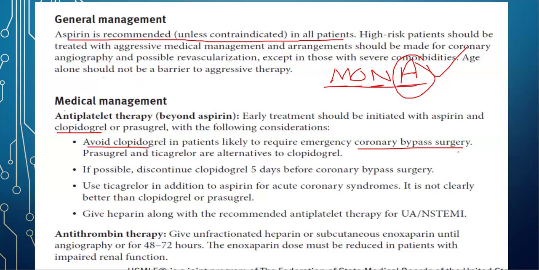But someone who will not go for emergency bypass surgery, like an unstable angina patient, you can definitely start them with clopidogrel. For a patient whom you suspect non-ST elevated MI or unstable angina, the best blood thinner is heparin. Okay.